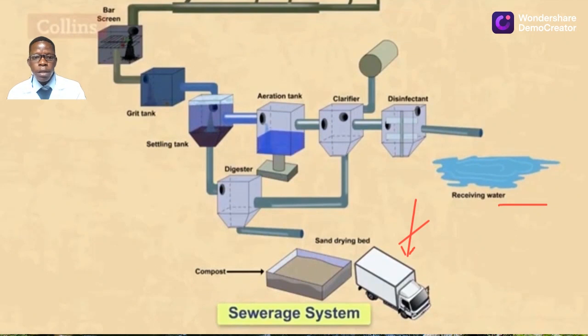And the sewage treatment process is entirely regulated by organizations like the National Water and Sewage Corporation for Uganda, and NEMA can also come in if the particular organization involved in releasing the effluents does not abide by the required standards of the water.